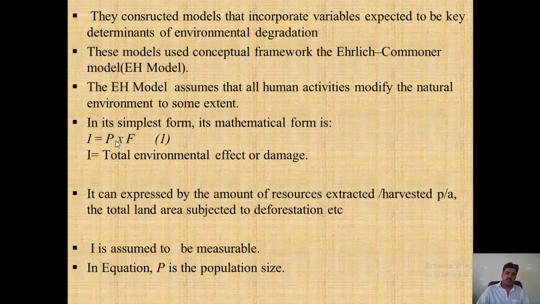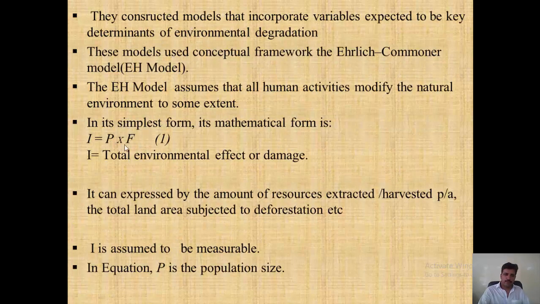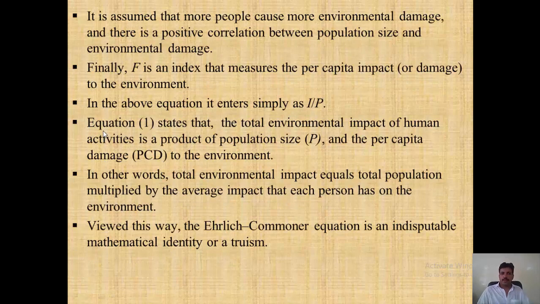In equation 1, I is environmental damage and P is the population size, and the model assumes that with an increase in population, there is environmental degradation. Similarly, F is an index that measures the per capita impact on the environment. In this equation, it enters simply as I by P.